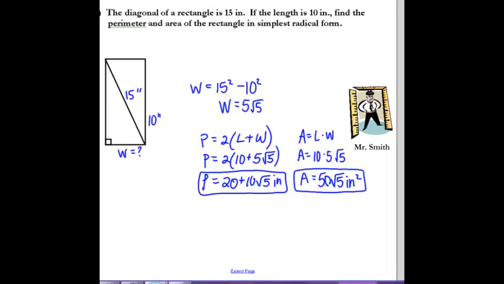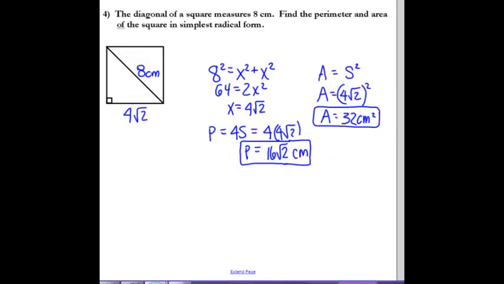And 50 radical 5 inches squared is my area. Number 4. Some of you might know that little trick about the side of the square, but if you don't, the side of the square can be found by Pythagorean theorem, and so it is 4 radical 2. That gives me a perimeter of 16 radical 2 and an area of 32 units squared, centimeters squared.